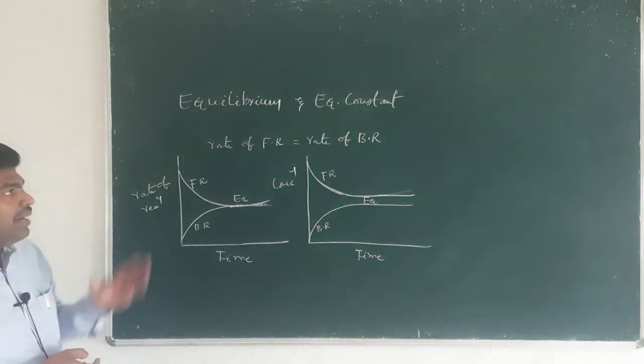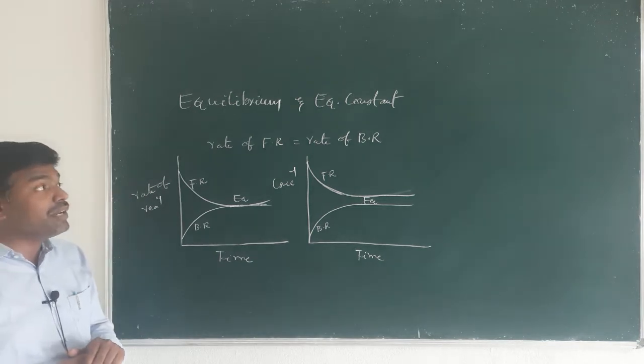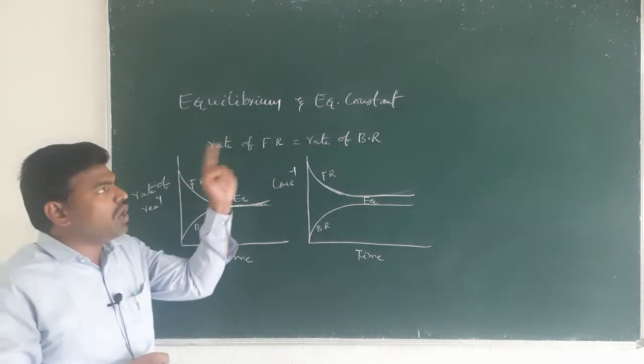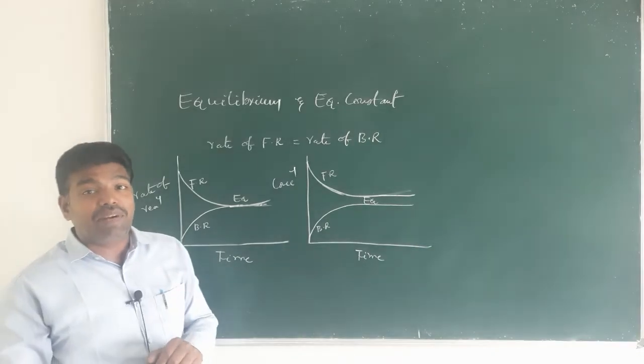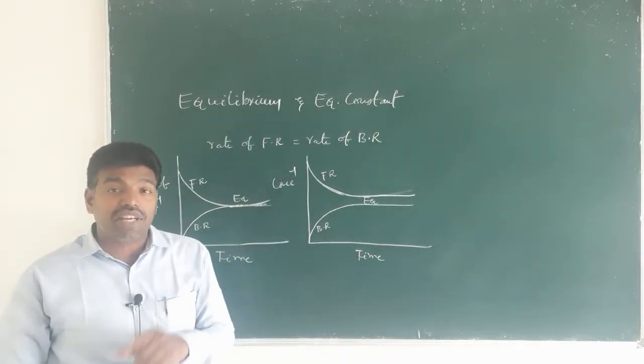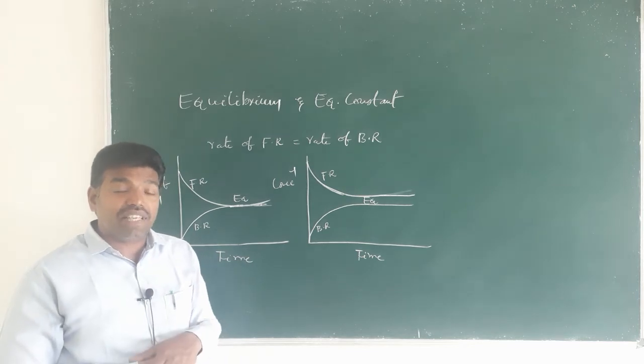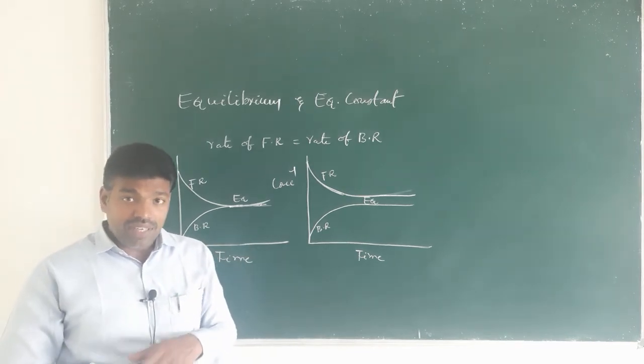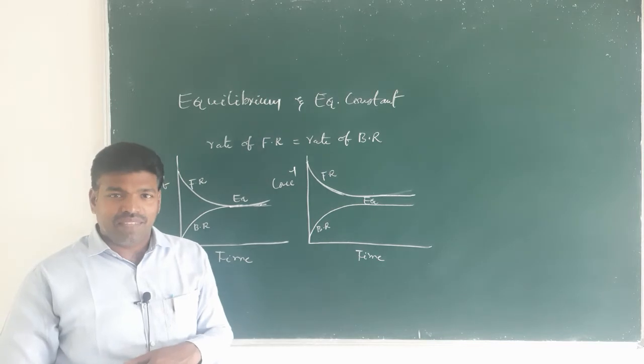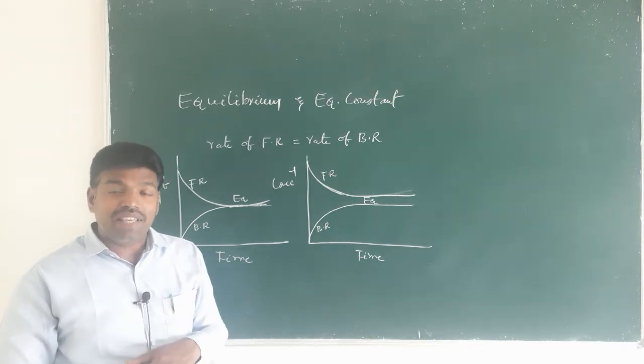And coming to the characteristics of the equilibrium constant, its value is independent of the initial concentration of reactants, and its value predicts the direction of the reaction. Its value predicts the extent of reaction.